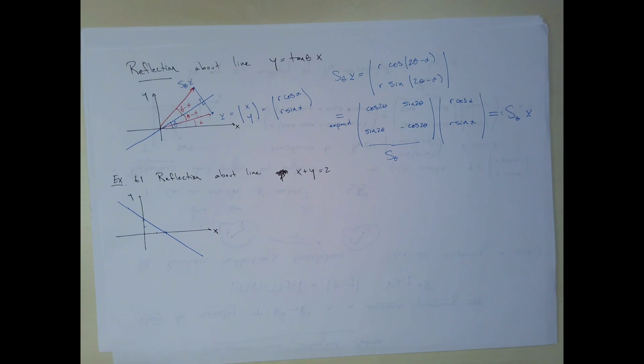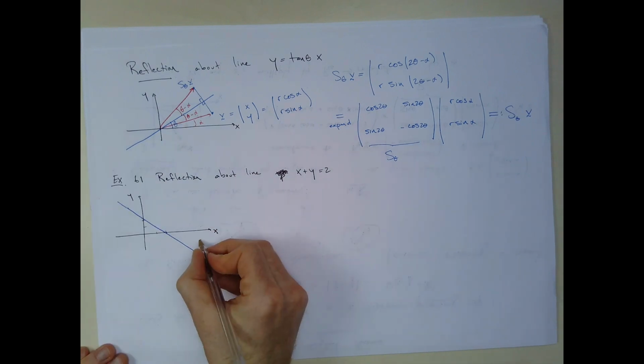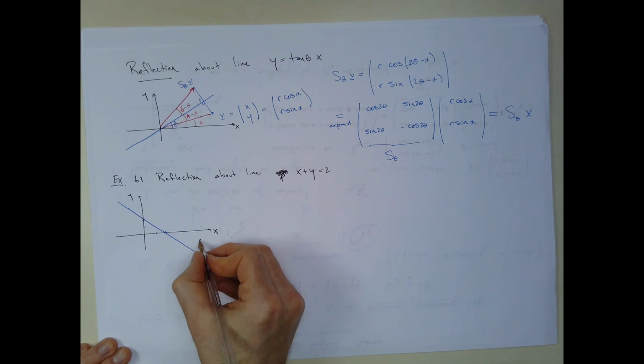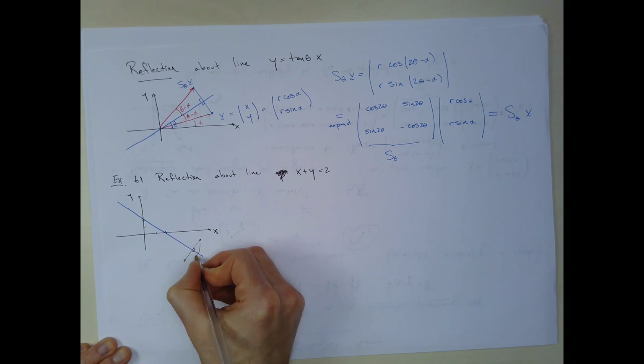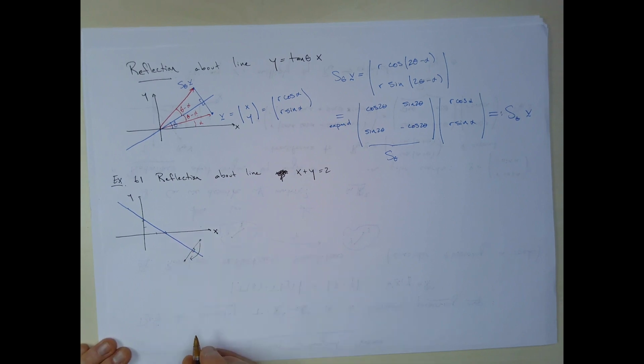The map itself is defined in the same way. Take a point on either side of the line, its image under the map is defined in the same way. But this is not a line through the origin.